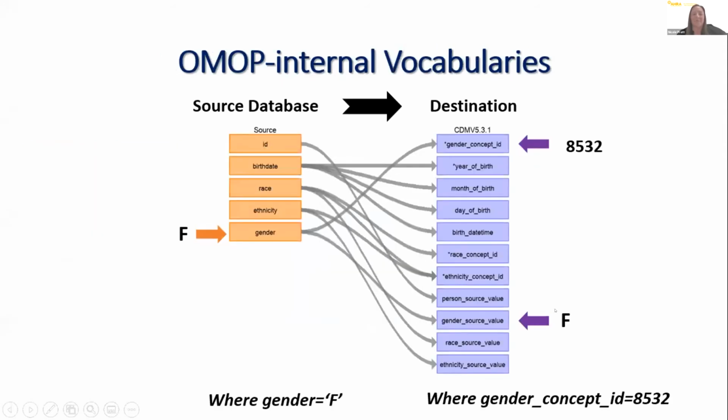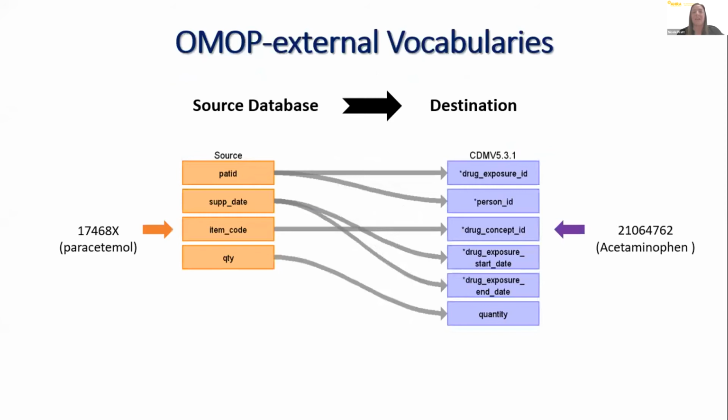Here's just a quick example of female, for example. So gender equals F in the source database is the same as gender concept ID 8532. So every female across the world is identified as 8532 rather than female. And the same for medication codes.